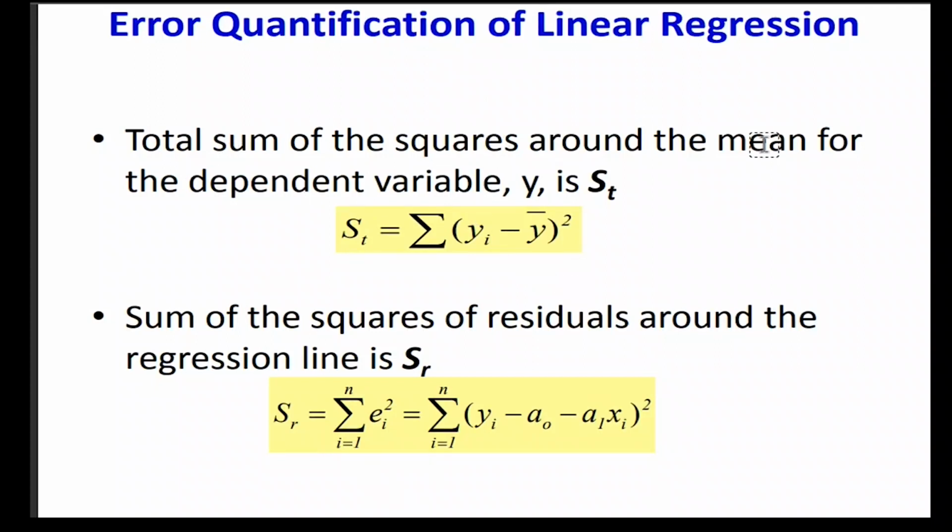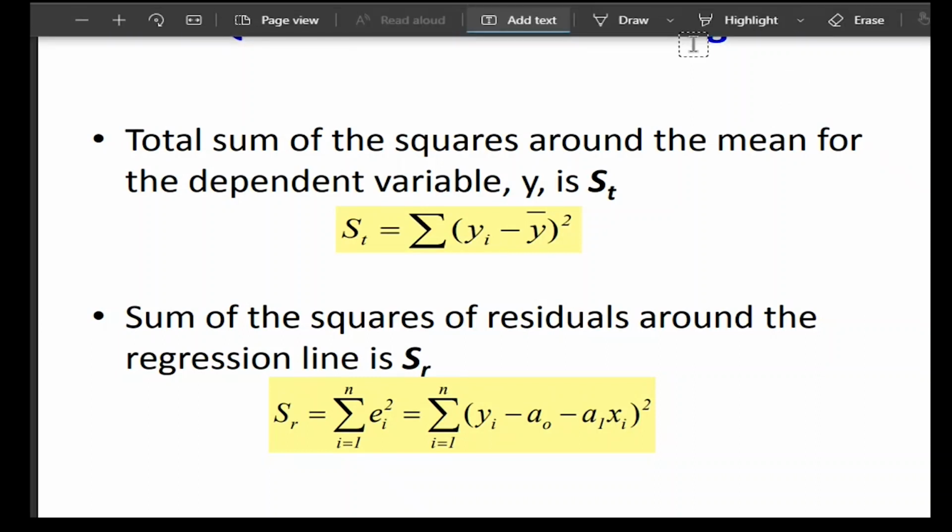Okay, the total sum of the square around the mean will give us the value of ST. And the sum of the square of residual around the regression line will give us the value of SR. So, kalau kita kira total sum dekat mean, okay, Y1 adalah kita punya data, our measured data.